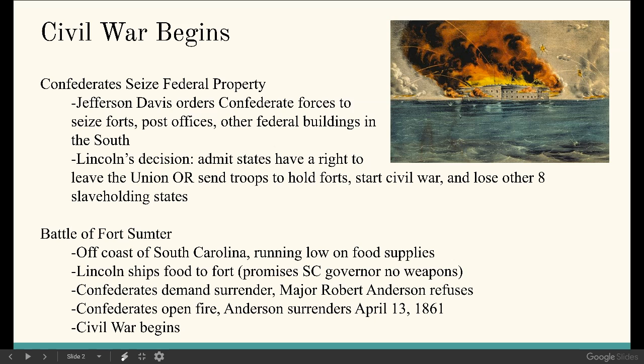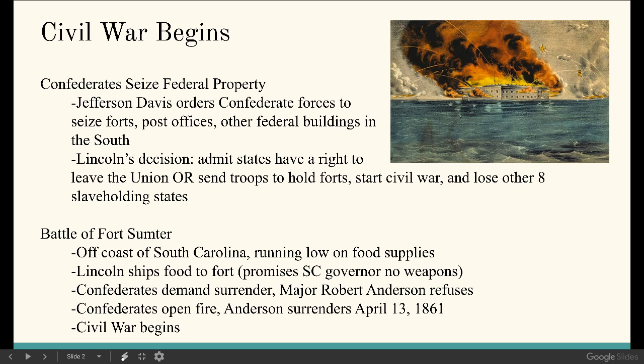Now, I wanted to go over the beginning of the war first, and we reviewed this last time, but I just wanted to brush up as we're getting into the conflict here. If you remember, Lincoln was elected to the presidency in 1860, and the South was not happy with that result.